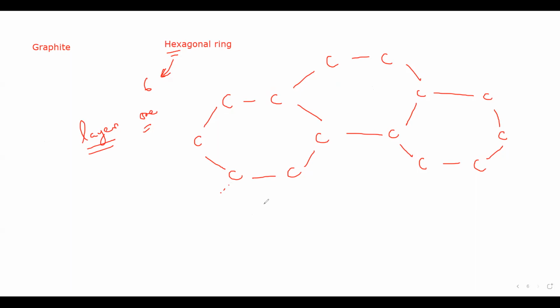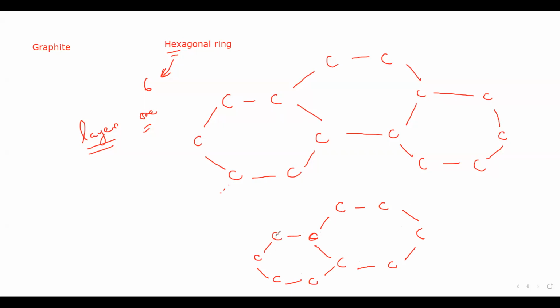Then we draw the second layer. How to draw a second layer? Same way, 1, 2, 3, 4, 5, 6. These 6 carbon atoms are there in a ring, which we call hexagonal. Then we take any one of the carbons from the ring and start with that one. So 1, 2, 3, 4, 5 and 6.